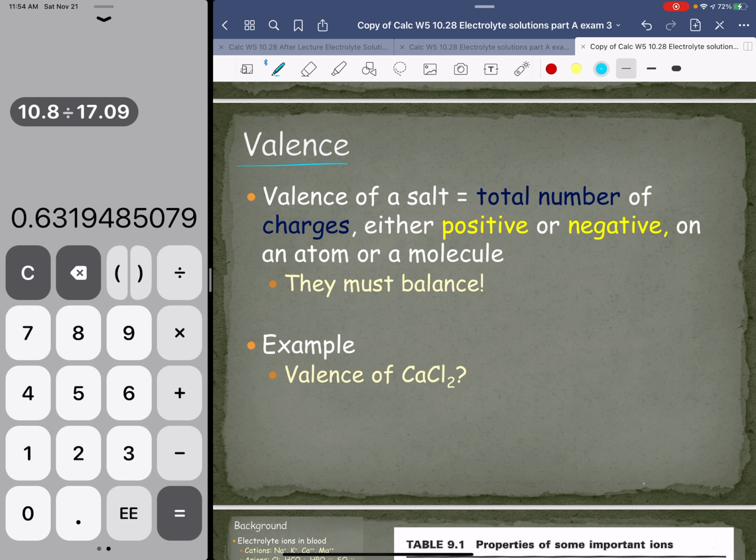We know we're supposed to be looking at valence, and here's another thing that I didn't catch the first time around, either positive or negative. So when we're looking at the calcium chloride here, we are looking at just that positive section or the negative section. So that was something else that bypassed me the first time around.